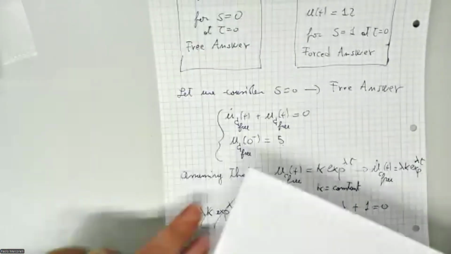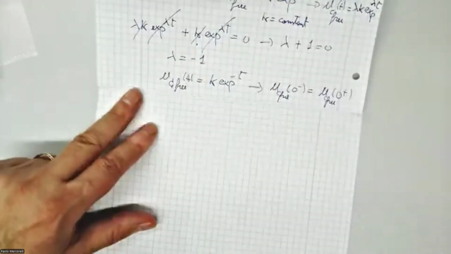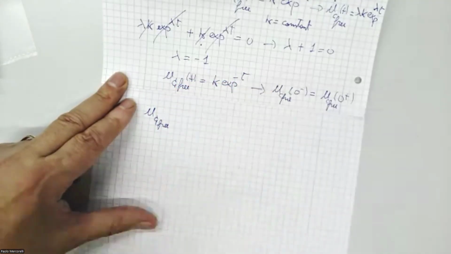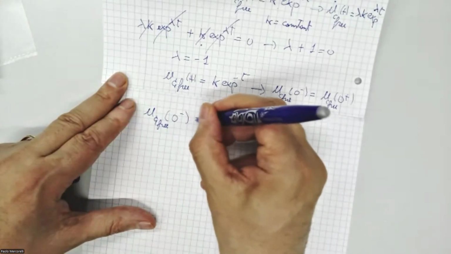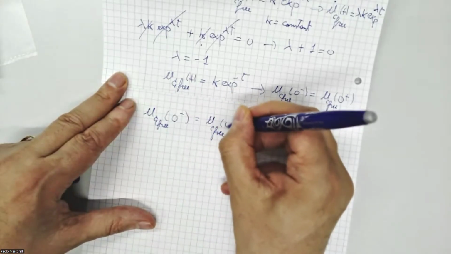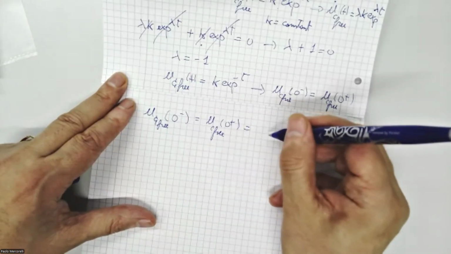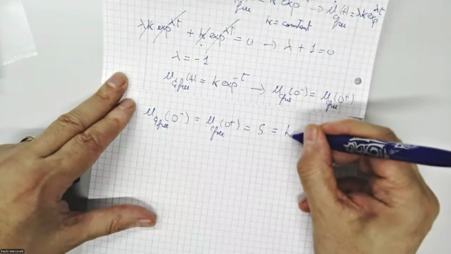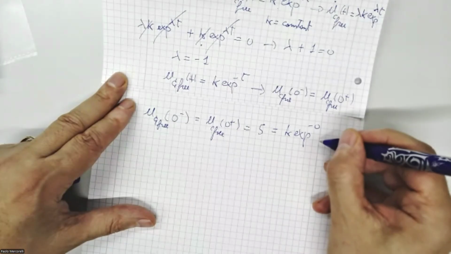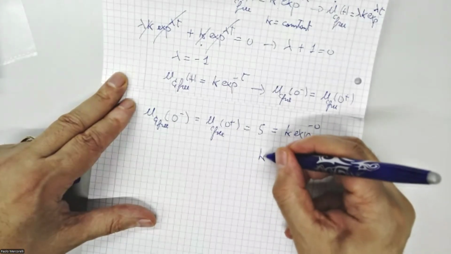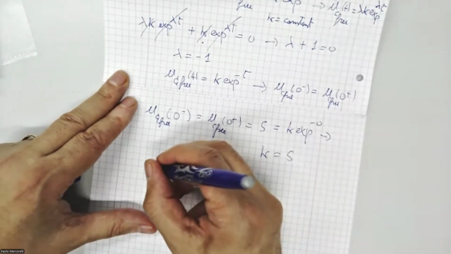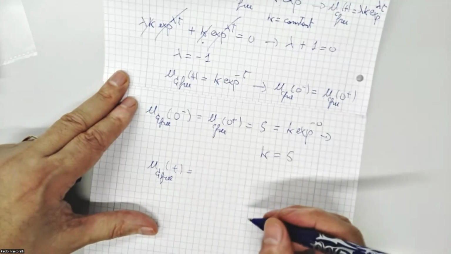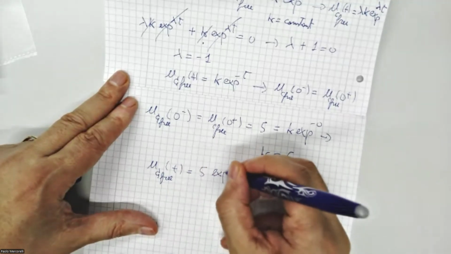Let me now calculate this. Exponent minus 0. This means k equals 5. At the end, we have uc free of t equals 5 exponential minus t.